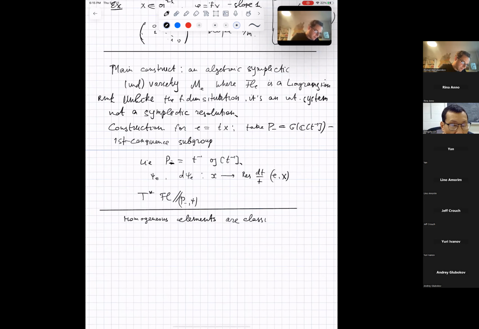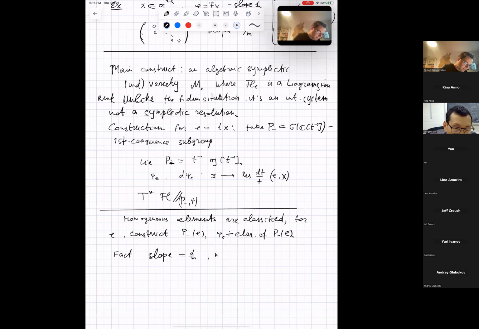They are classified, and then for each E we construct P minus of E with psi_E, which is a character of P minus of E. So one fact is that the slope that appeared before is always d over m, where m is a regular number.